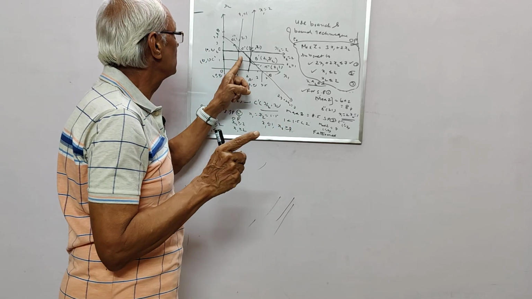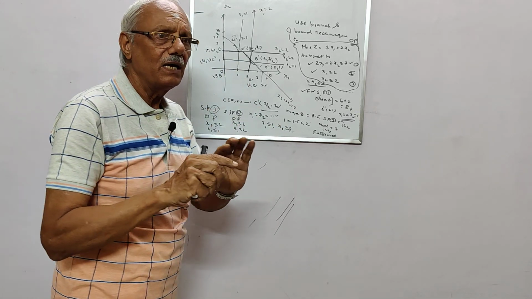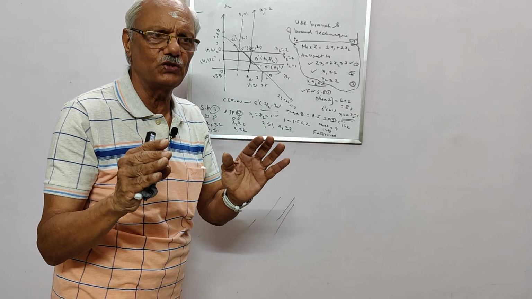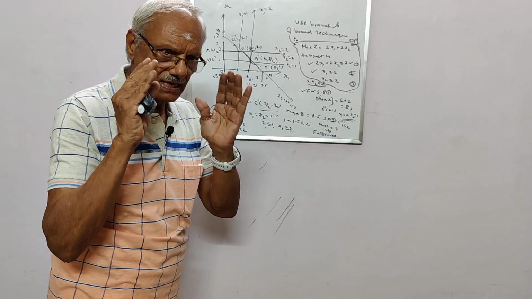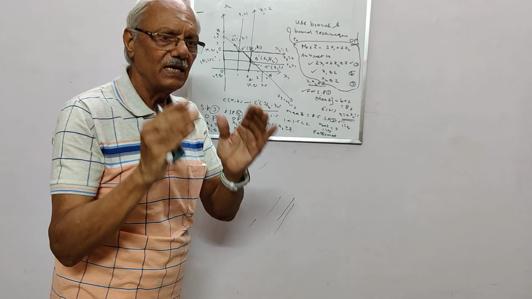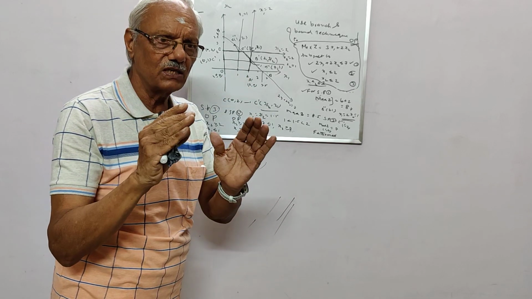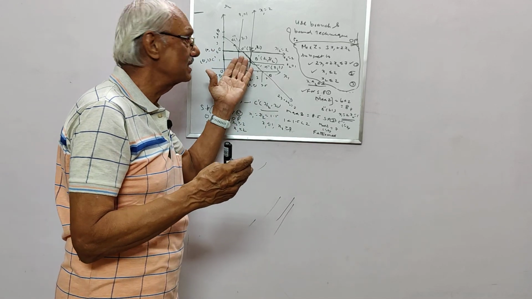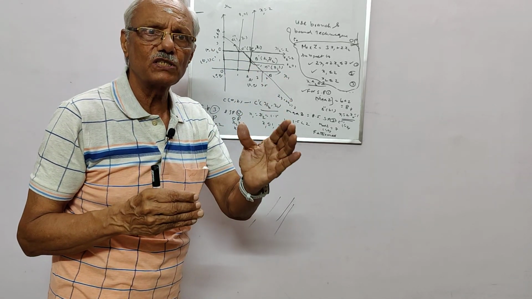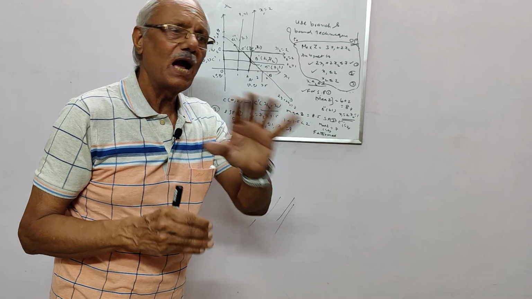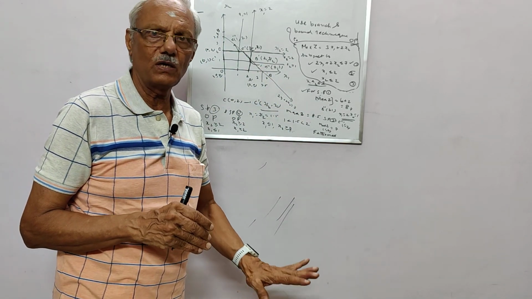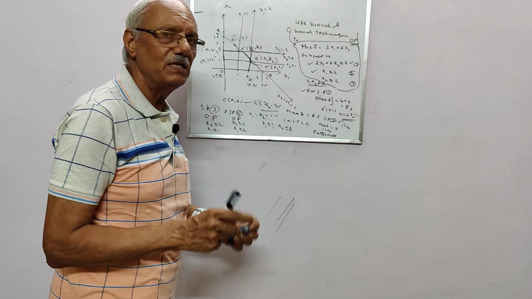Are you clear on this? Above that, or left or right, nowhere will you get a solution. So CC dash is the line, it is the region. In that place only you will have your solutions. You can search for a solution in CC dash and nowhere else. Absolutely not.